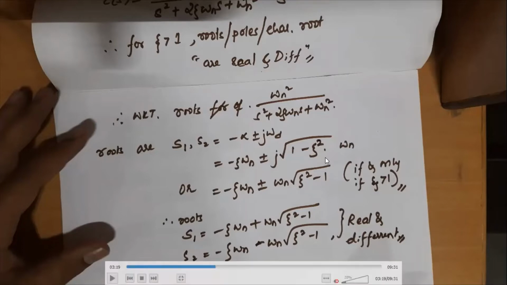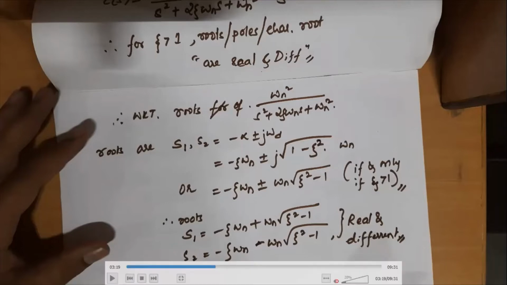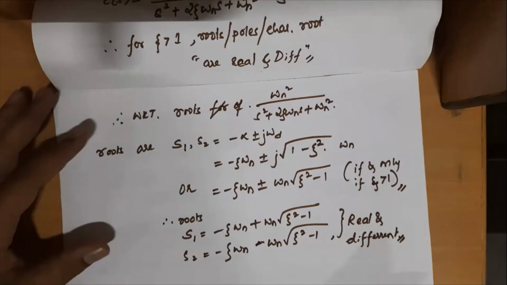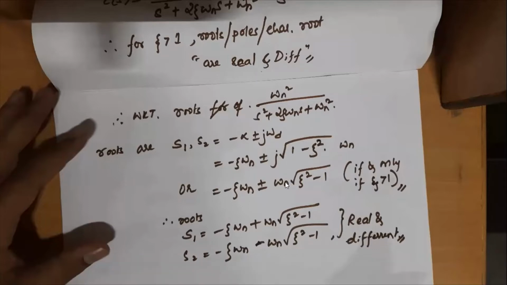So I'm making a very simple modification here. I will take this zeta on the other side. I'm multiplying with a minus sign. Or in other words, when zeta is greater than 1, obviously we have a complex term here. So we can make it real by taking zeta outside, j outside, and that j and this j will get multiplied.